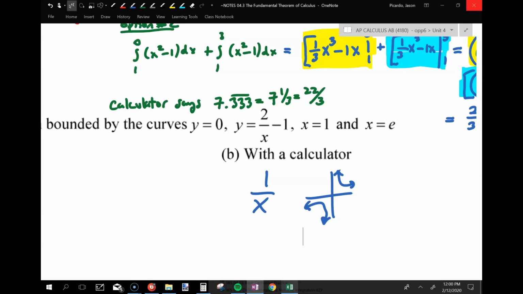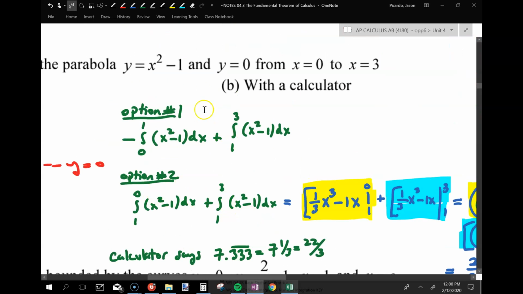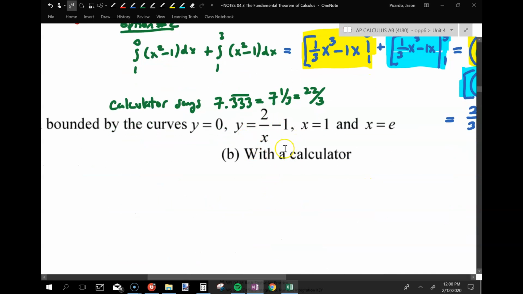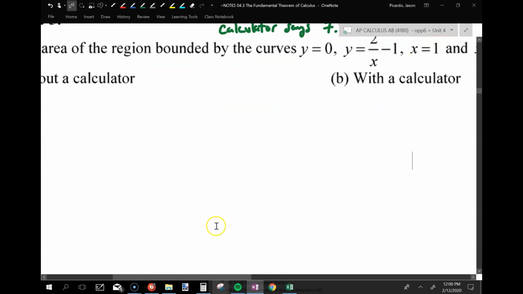You kind of got to have an idea what it looks like to do this one by hand, don't you? Because like in that previous problem, Lexi, what did I have to do? I had to separate it into 2 separate integrals because some was above, some was below, right? Well, that's probably what's going to wind up happening here. So you got to have a basic idea what your curve looks like.